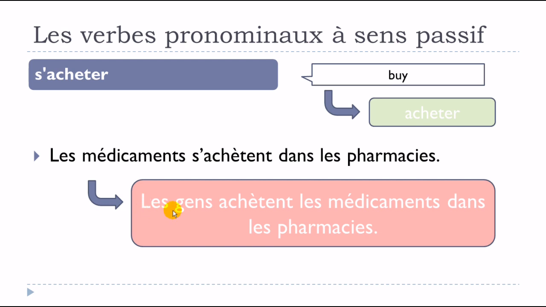You want to say that les gens achètent des médicaments dans les pharmacies. And so the interesting thing is to know the meaning of acheter, okay, because this is what we will have to use. So, les gens achètent les médicaments dans les pharmacies. Les médicaments s'achètent dans les pharmacies.